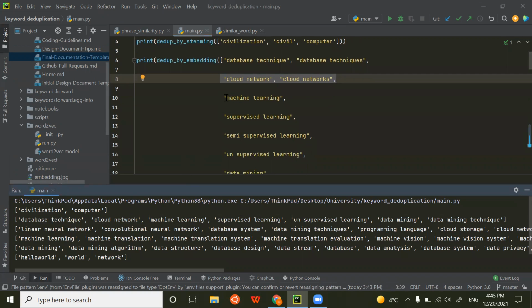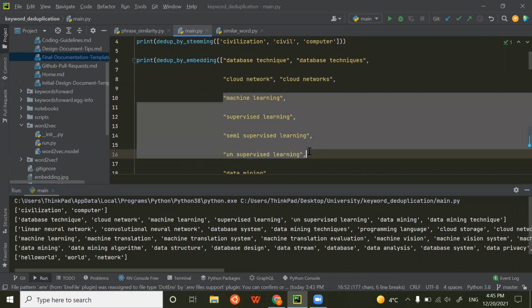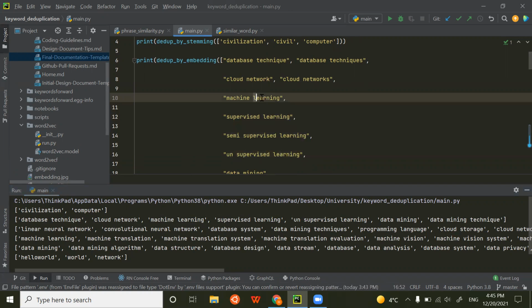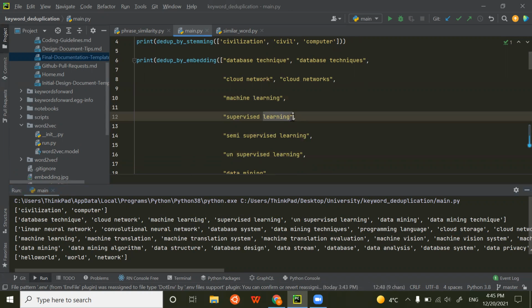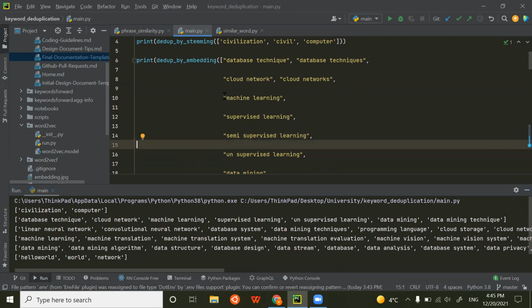Similarly, for these four, although they all share the subword learning, they do not mean the same thing, or are not very similar, because supervised, semi-supervised, and unsupervised are actually totally different things.